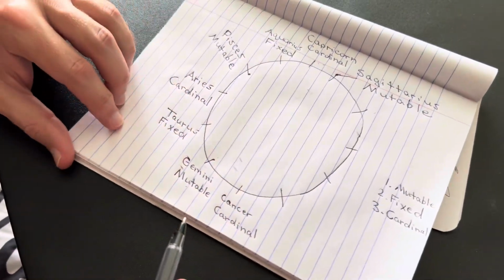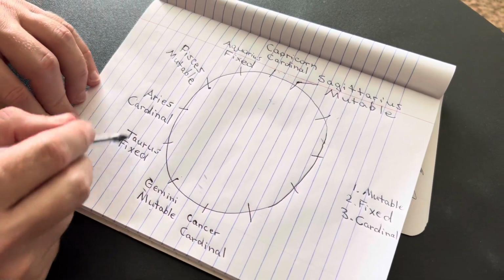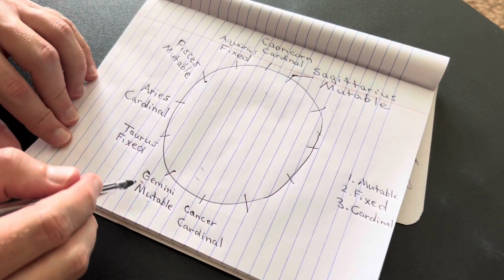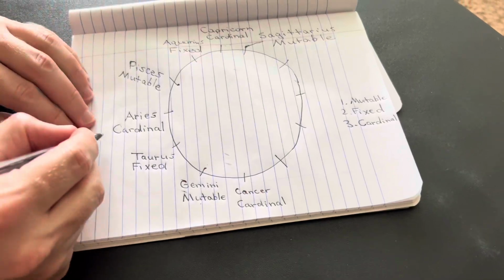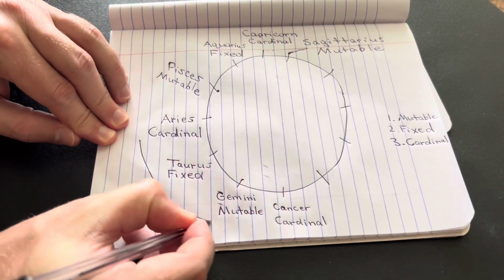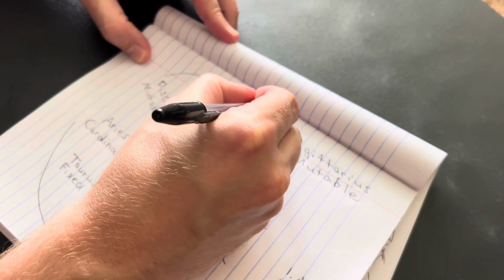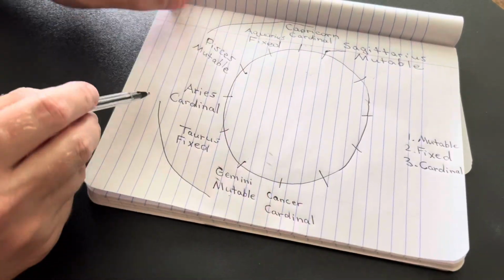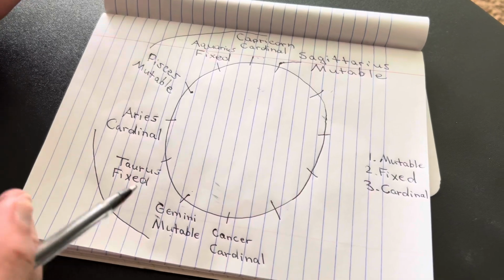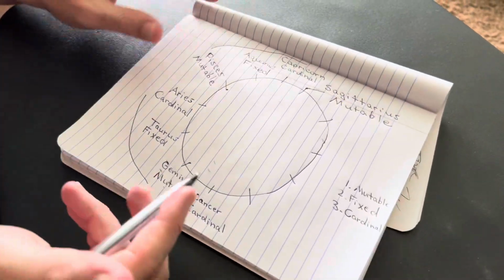Since we have three signs here, these are all connected essentially. Imagine these as one, and imagine these as one. Three different signs, but each one a set of signs.